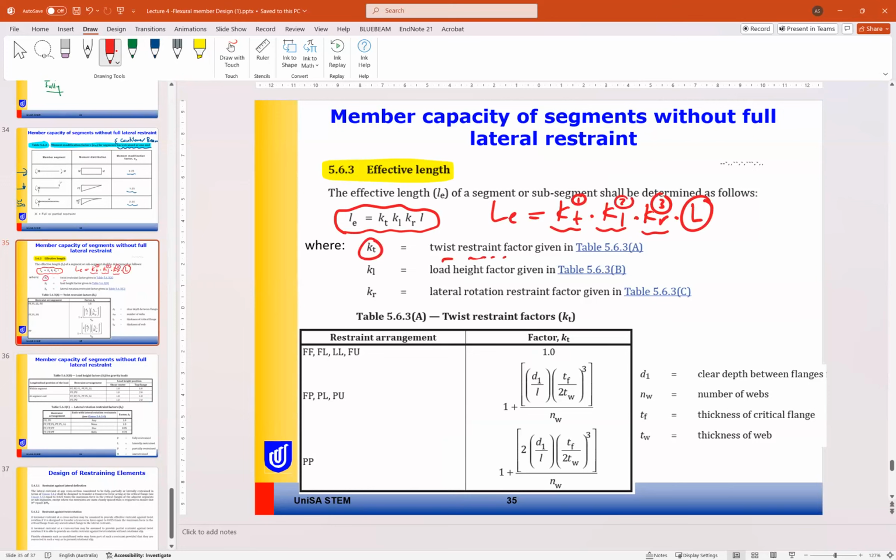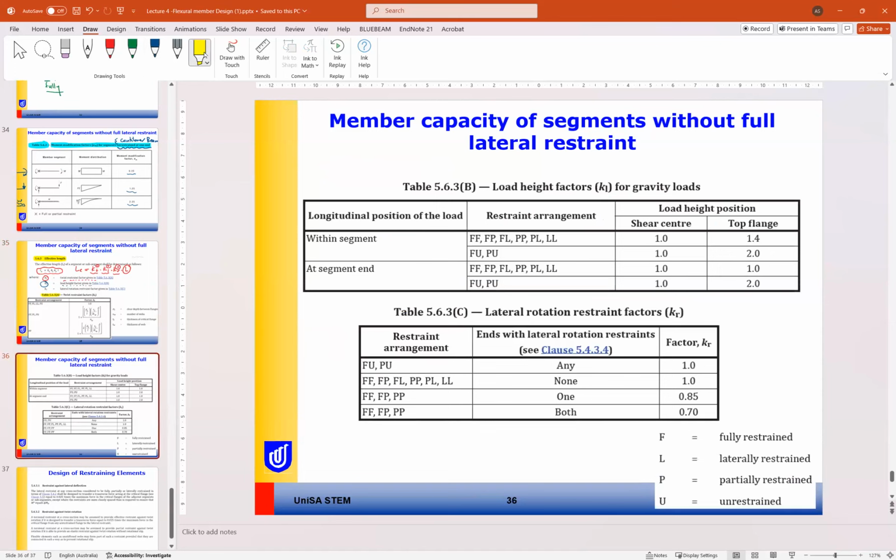KT is the twist restraint factor given in table 5.6.3a. KL is the load height factor given in table 5.6.3b.